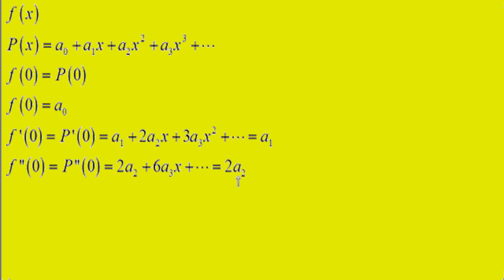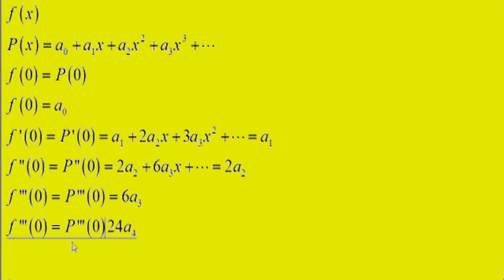If you do this again, f triple prime of 0 equals p triple prime of 0 by the same logic, and evaluating at 0, you get 6a3. Then you keep doing it and you would get 24a4. Let me write the whole thing out so it's more explicit. p fourth prime.